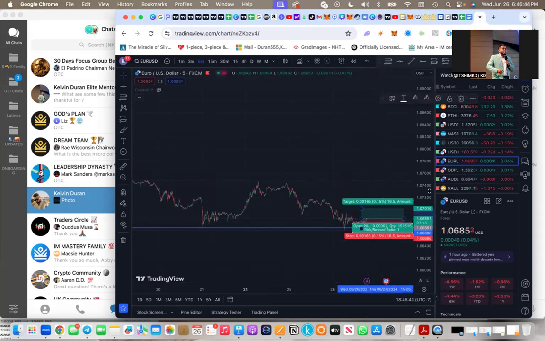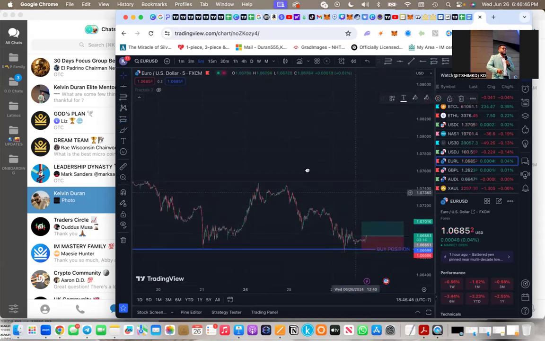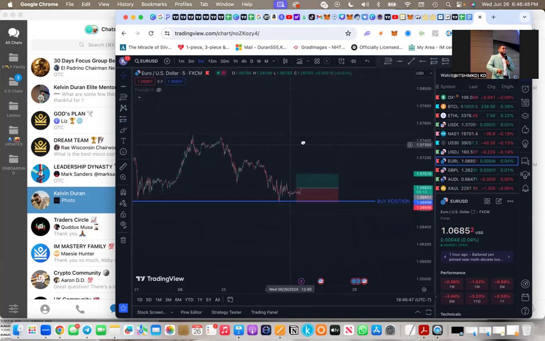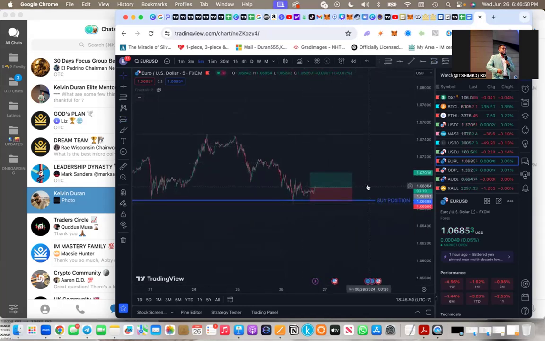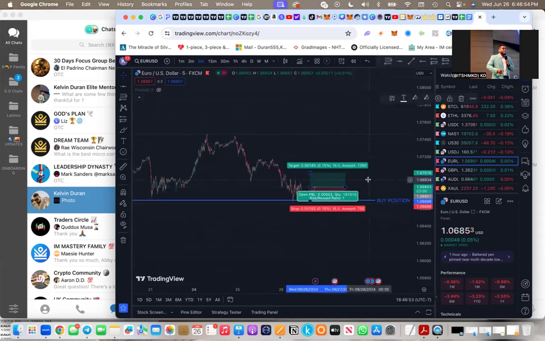Now, this green and red line have a measurement of telling you where your stop loss is and where your take profit is. At the beginning when you're trading, I'm going to tell you guys straight up, have a take profit and a stop loss. Now, have a risk to reward. It tells you right here, risk and ratio.